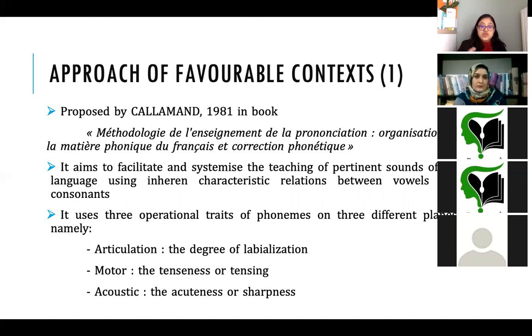vowels and consonants, which are both articulatory traits as well as acoustic traits.